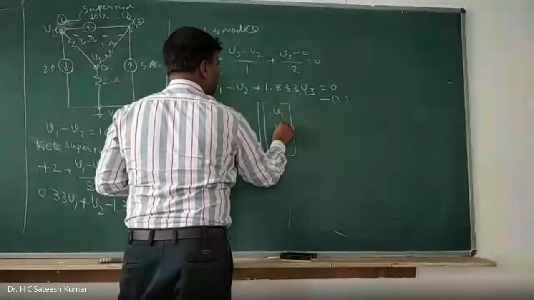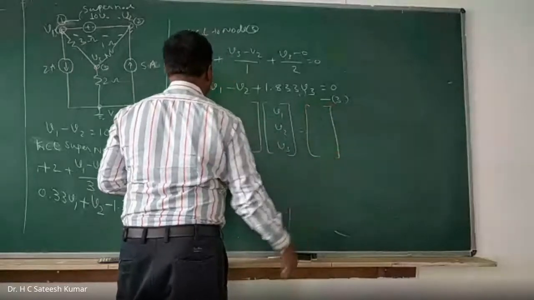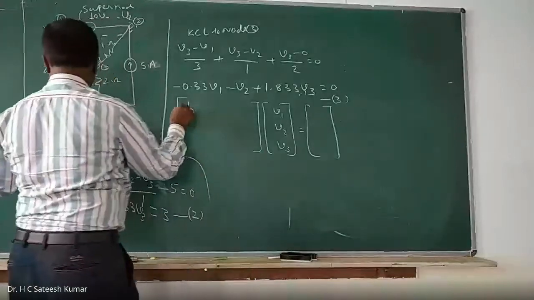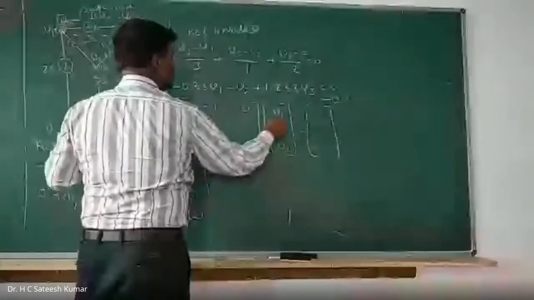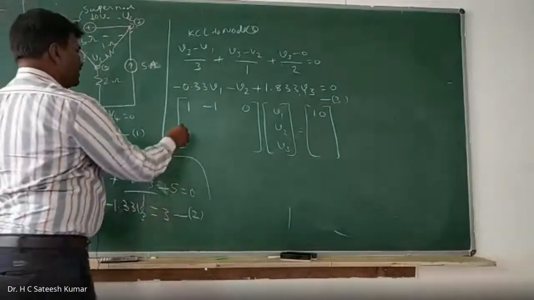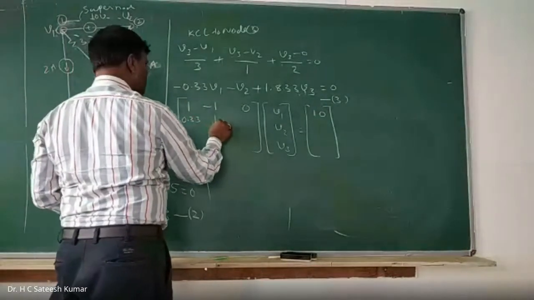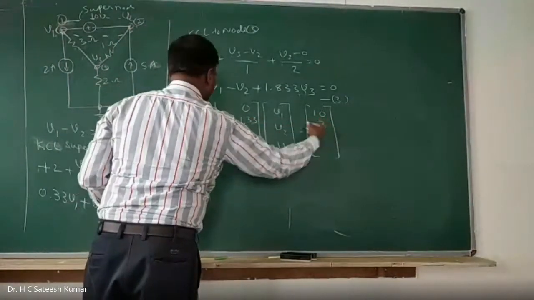V1, V2, V3 is equal to what? V1 coefficients: from the first equation, 1, minus 1, 0, 10. Second equation, 0.33, 1, minus 1.33, 3.